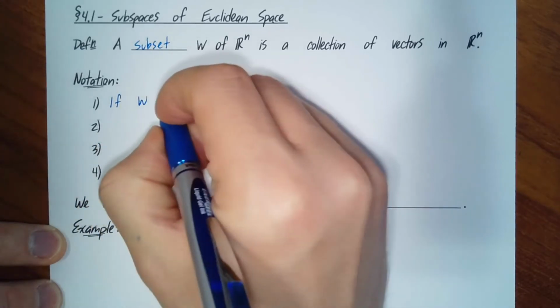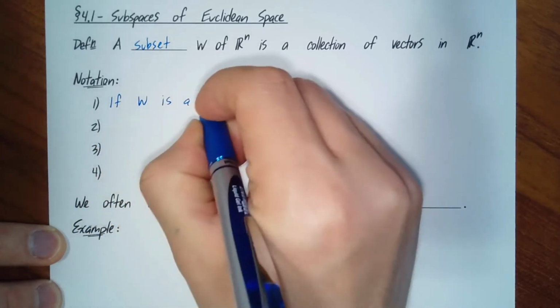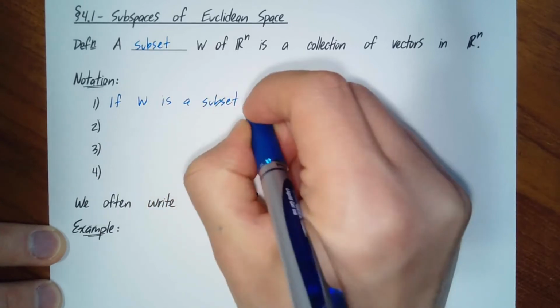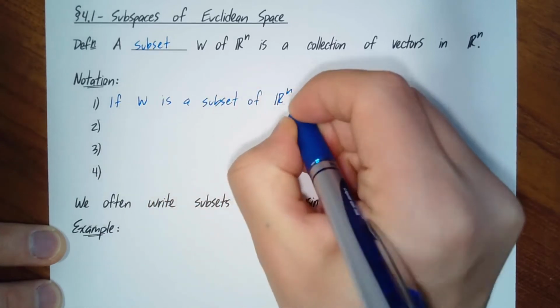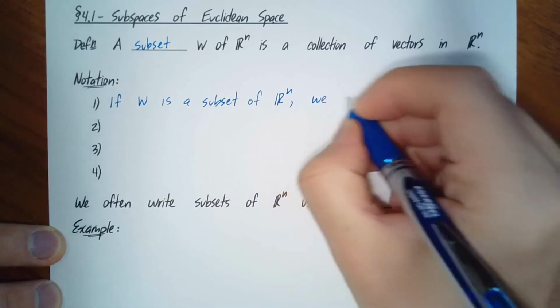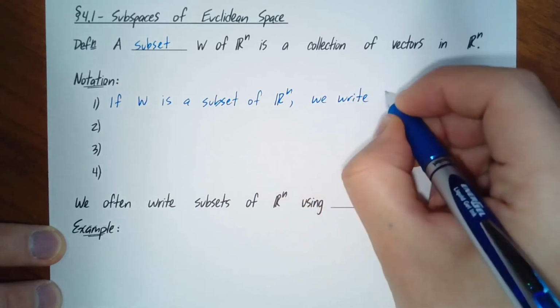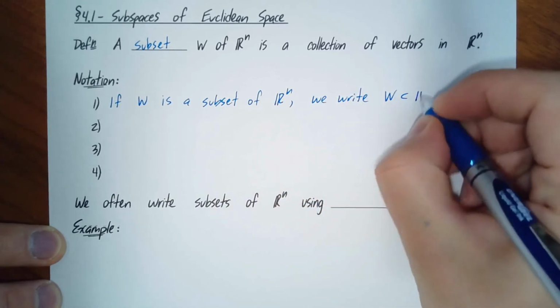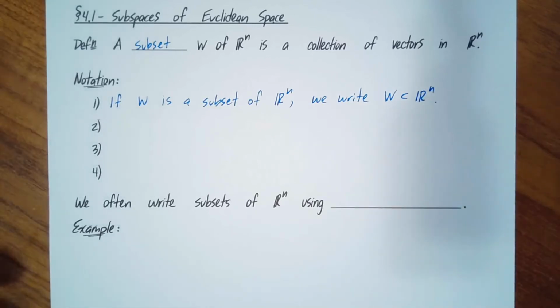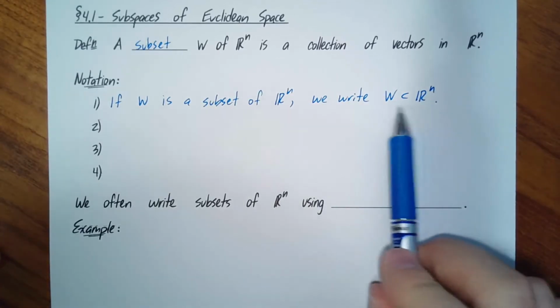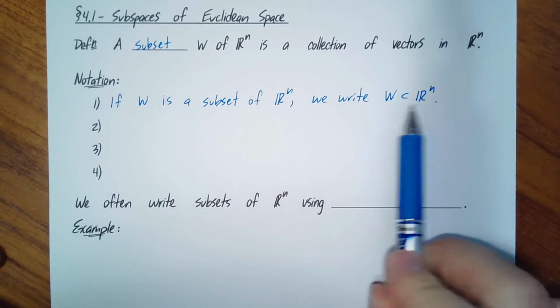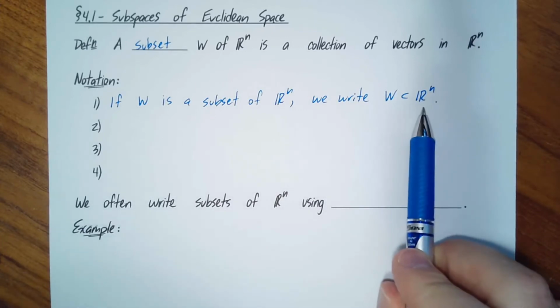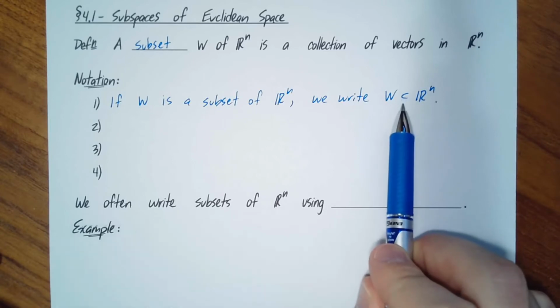If W is a subset of Rn, then we write W is contained in Rn, like that. You can read this out loud as W is contained in Rn, or W is a subset of Rn, however you like. This symbol here is referred to as the inclusion symbol. It just means is a subset of.